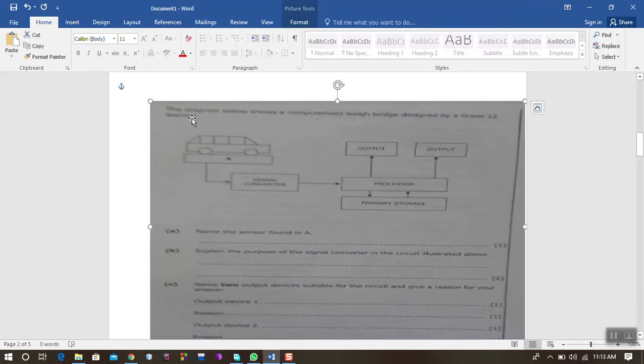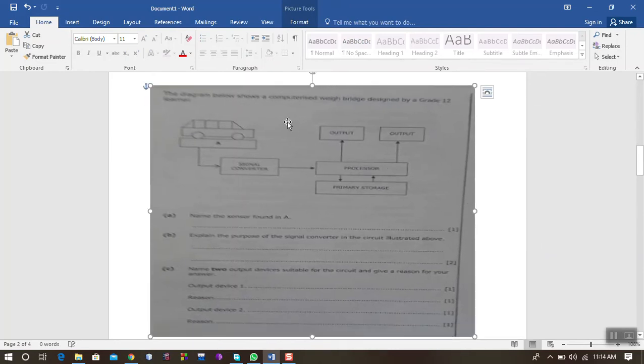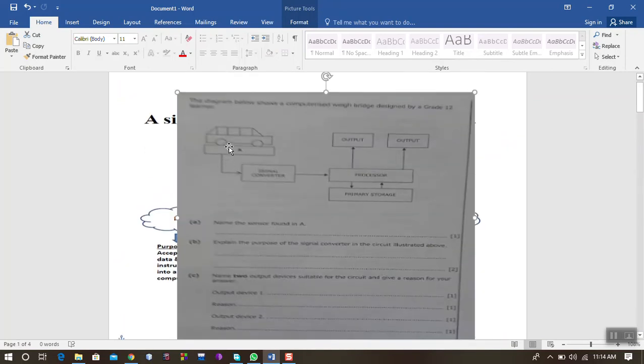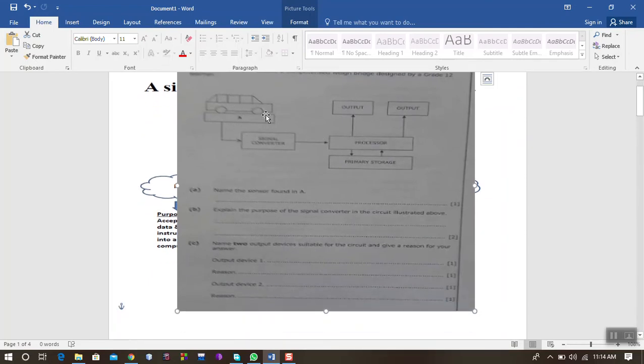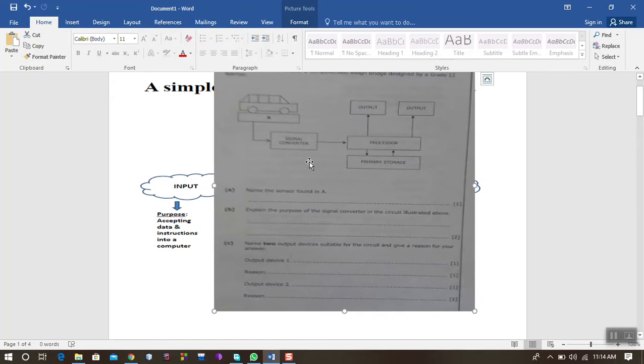It's saying the diagram below shows actually the issue of a sensor. And what we have here is a car whose weight is being measured.